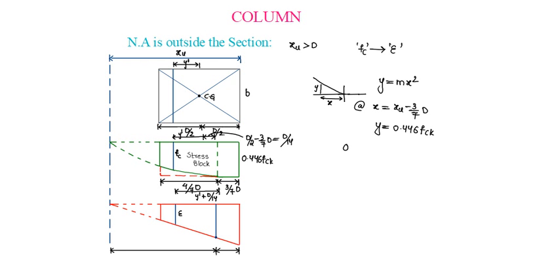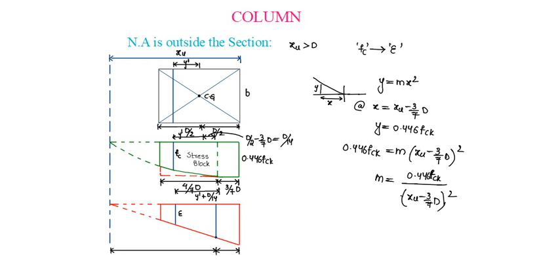Substituting, y is 0.446 fck, which is equal to m into x, that is Xu minus 3/7 of D, whole square. Then m will be equal to 0.446 fck by Xu minus 3/7 of D whole square.